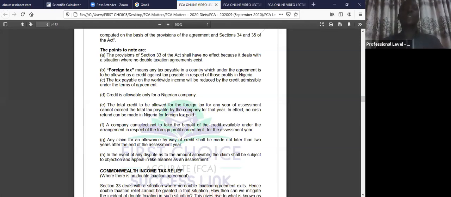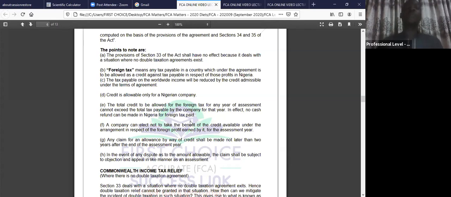Then you now look at your Nigerian tax rate, because it's 30%. Now you have to compare the foreign tax rate in percentage with the Nigerian tax rate in percentage. Whichever is smaller, that is the rate that will be used for the relief. So let's say the percentage that the South African government charged Glo is 25%, and Nigeria has 30% as a tax rate.